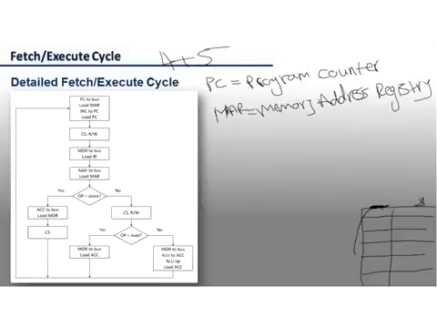For example, if we have number 4 that we want to work on at location number 7, this is address number 7, and the data is here. This is the MAR.